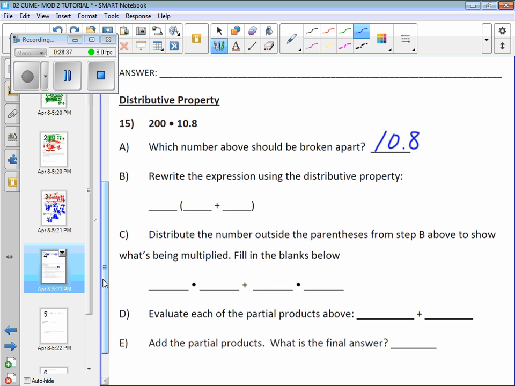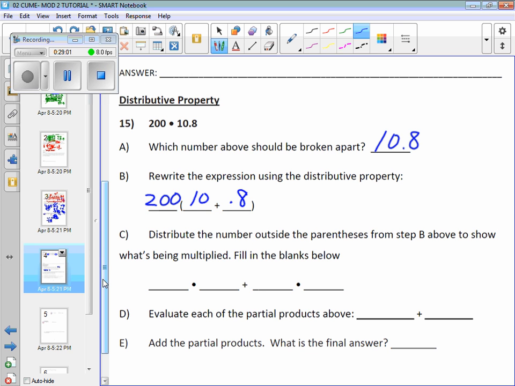And here's how it's going to work. The 200 stays on the outside of the parentheses. And I believe on yours it's 300 times 20.7. This 10.8 gets broken up into 10 plus 0.8.